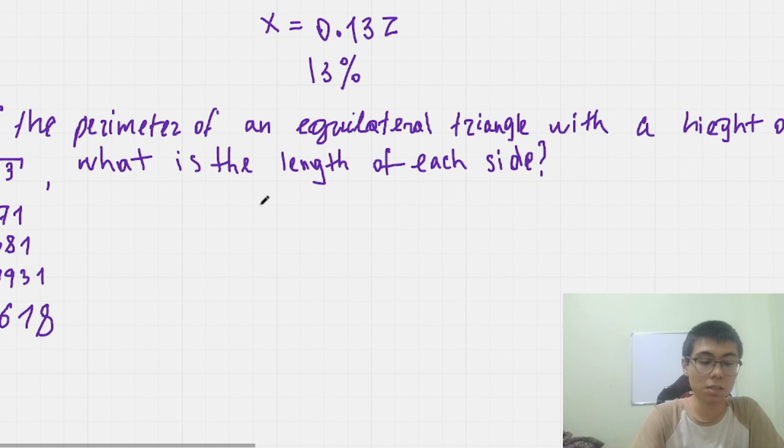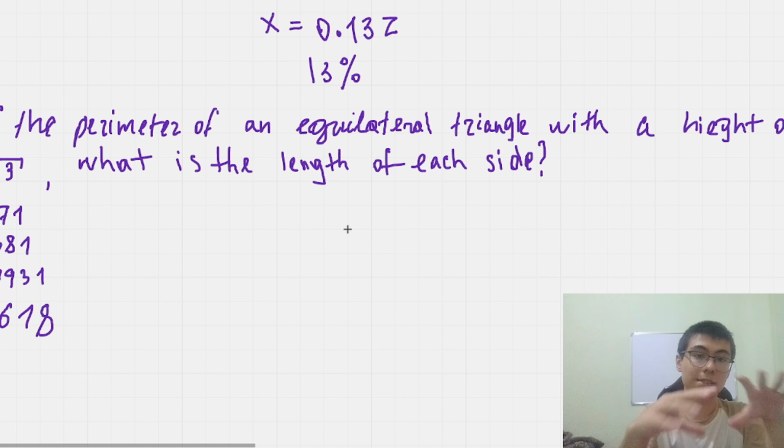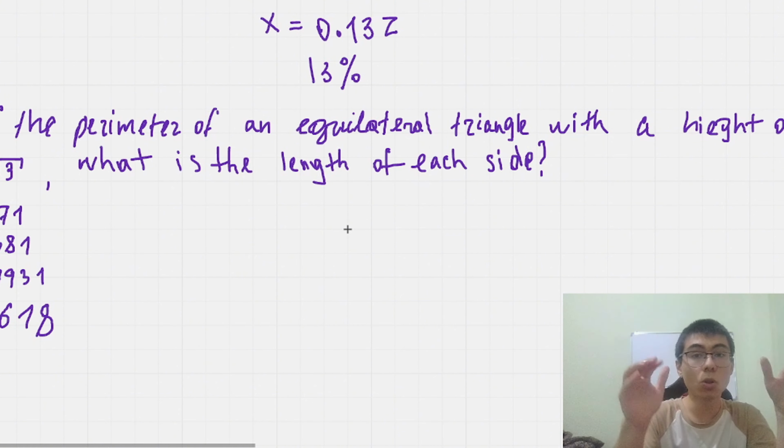Okay, so firstly, we need to understand what an equilateral triangle is. It's a triangle where all three side lengths are the same.